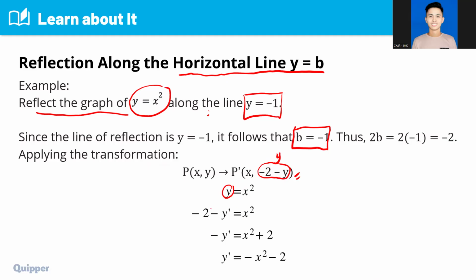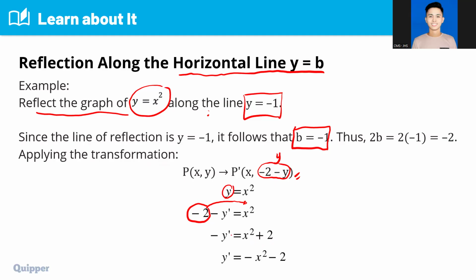And then transpose, or simply add 2 on both sides. In your case, you're used to doing transposition. So negative y equals x squared, and from the left side of the equation, the negative 2 going to the right side will now become positive 2. Therefore, negative y equals x squared plus 2.